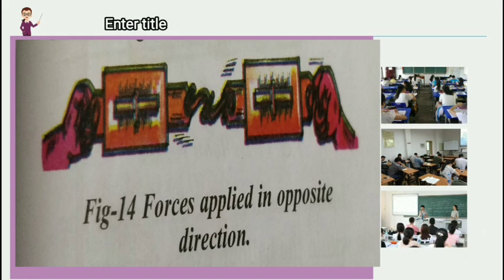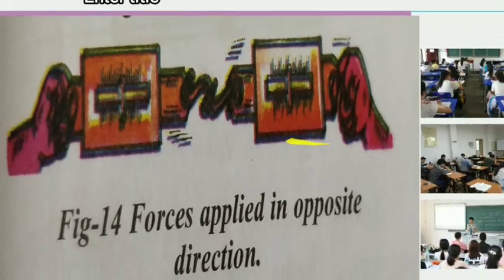If I pull the spring balances in opposite directions as shown in the figure, what do you notice from this? Here you are able to see the readings on the two spring balances. It is very clear that the readings are equal. That means when two objects exert force on each other, the forces will be equal in magnitude, but in opposite directions.